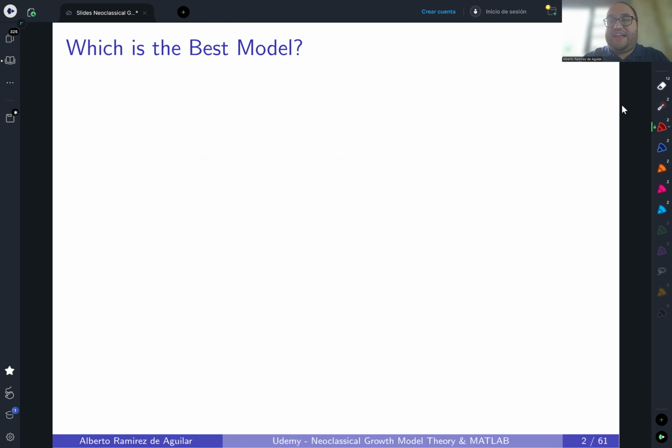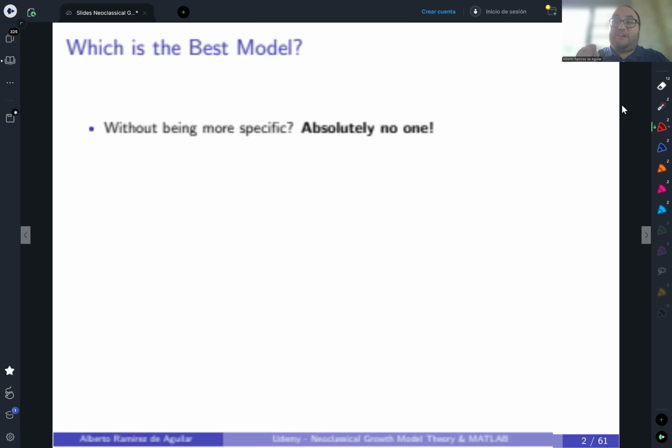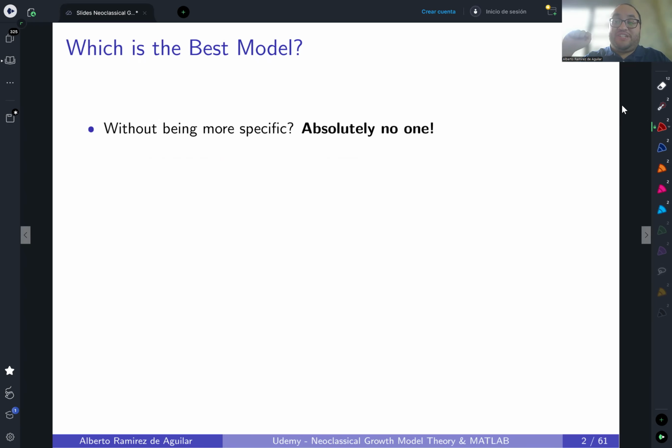to answer? The next question is, okay, given my research question, which is the model that I should use to answer that question? Not every model is as useful to answer any question. So without being more specific about what's the objective that you want to understand or to analyze, any model will not be useful at all.